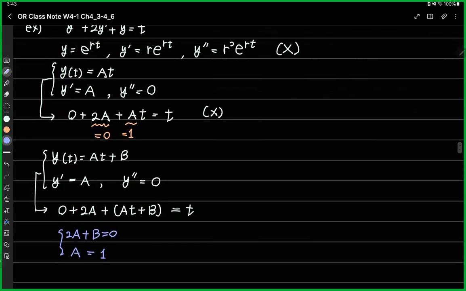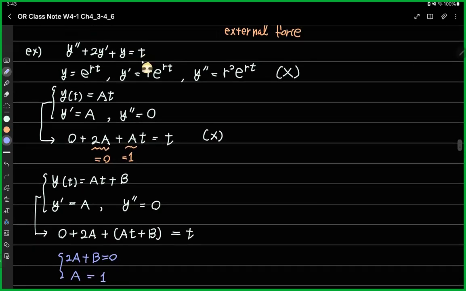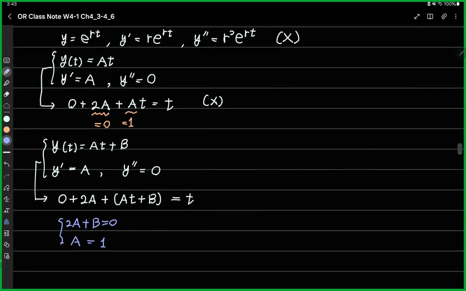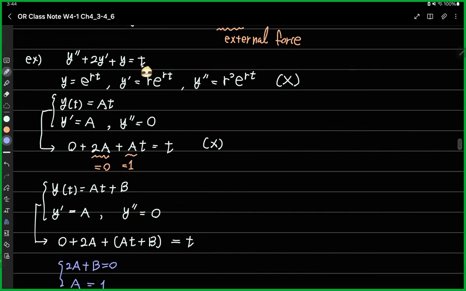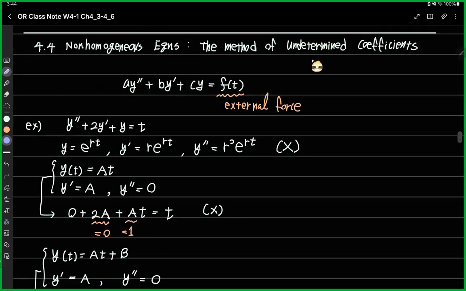If the external force is a polynomial, then the form of the solution is somewhat like this. If the external force is an exponential function, then y must involve an exponential term. If it is sine or cosine, then y must involve sine and cosine. That's the main idea of the method of undetermined coefficients.